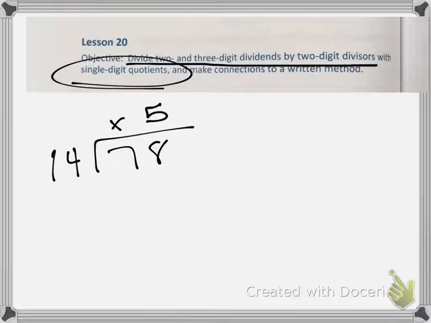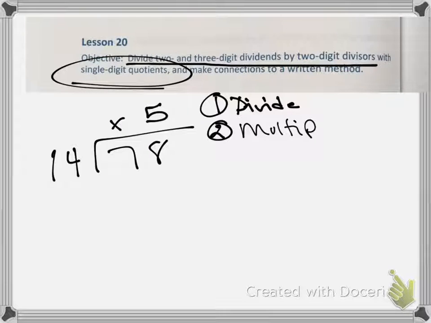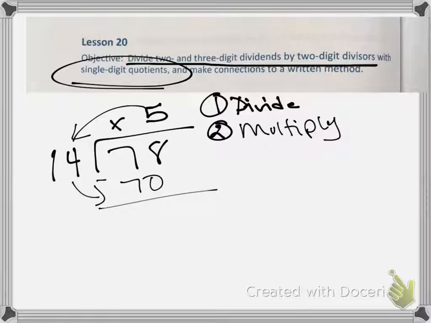So first step, divide. Second step is going to be to multiply. So we're going to multiply 5 times 14 to get our answer, or what we are going to subtract from, and we got 70. So 78 minus 70 is 8.